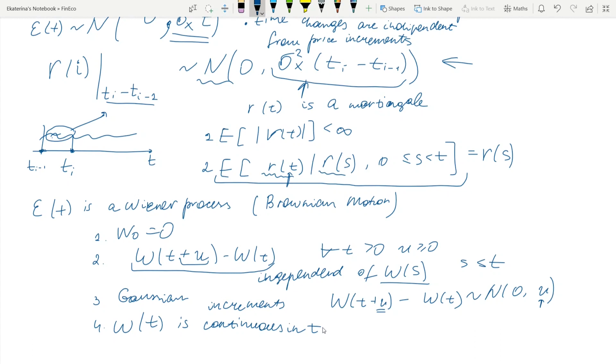So now, this Wiener process is our kind of ZT, our IID normal random variable. In continuous time, this has all these special names.